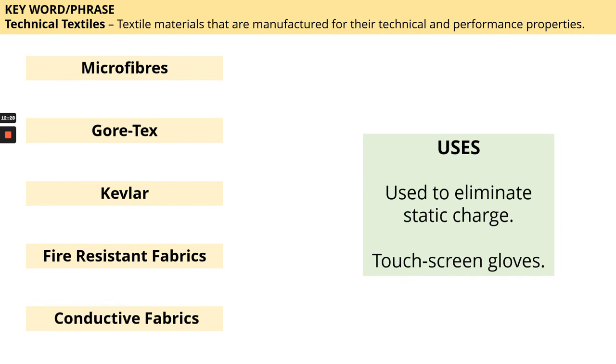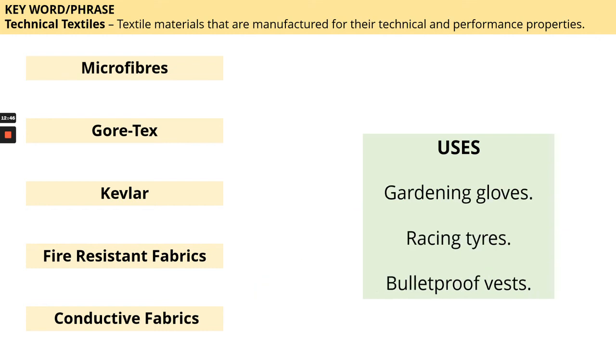Next, a technical textile used to eliminate static charge and used to make touchscreen gloves. Which one is it? If you said conductive fabrics, you are correct again. Next, gardening gloves, racing tyres, bulletproof vests.